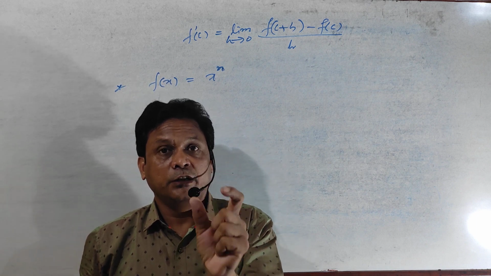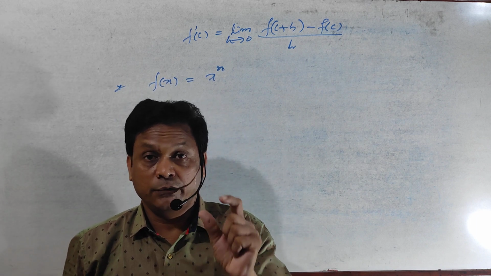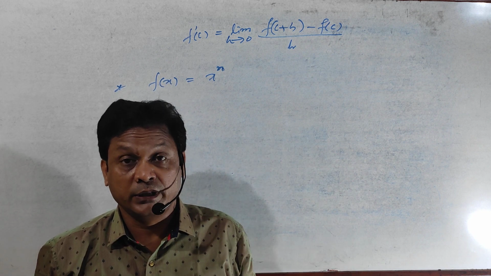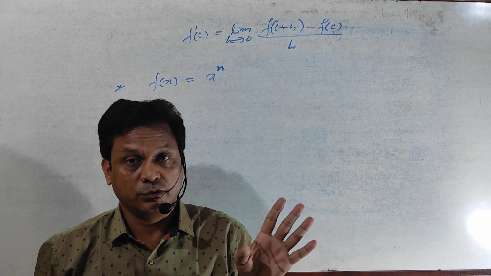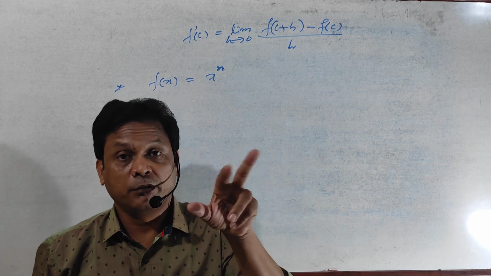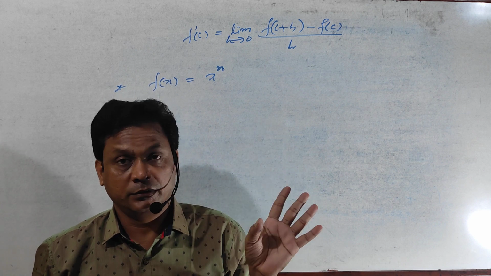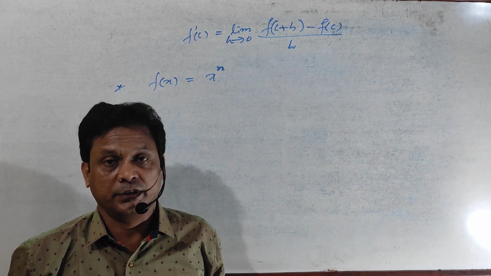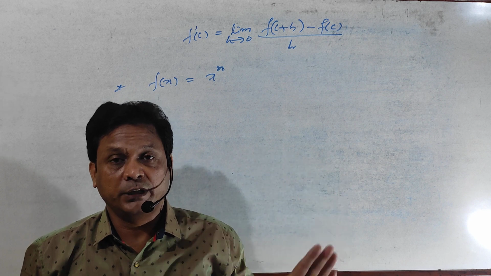See here. If there is x plus h whole square, you can open the whole square. But if the power is 200, then you cannot open this power. If the power is 2 by 3, you cannot expand it. So that is why I am giving the general formula. It is applicable to each and every case.